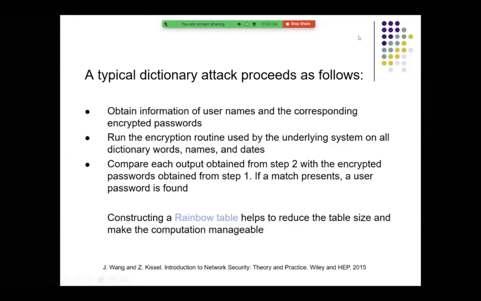Okay, so now let me draw this again. Let's say the attacker gets a particular user and gets his encrypted password. So now he wants to find what this W sub U is. What he can do, of course, is try all possible W prime.